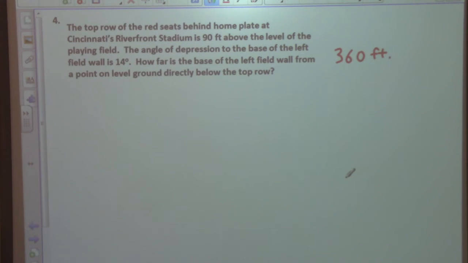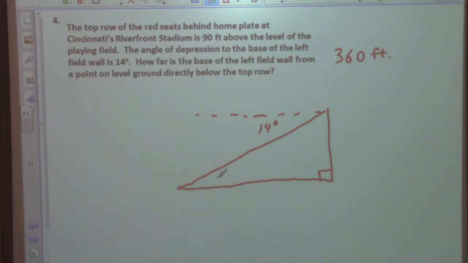Does that answer make sense? Yes. Anybody get the same thing? How'd you come up with that? I used the angle of depression with the 90 feet from the base of the wall. And that gave me a triangle headed out with the angle at the top there of 14 degrees. So something like this? I didn't bother with the second triangle.